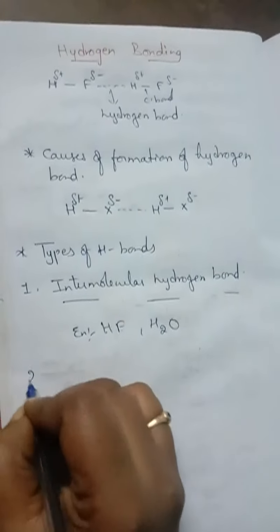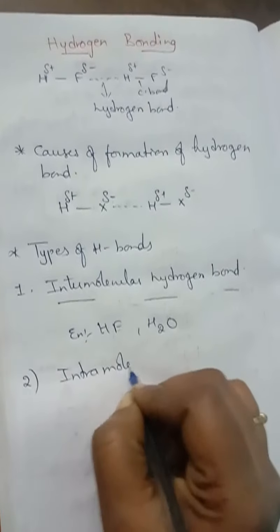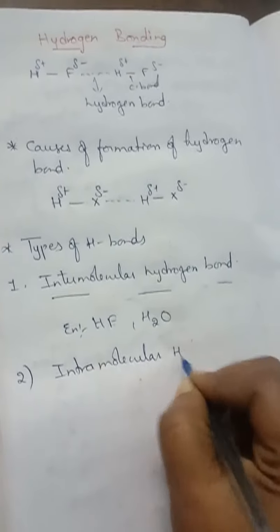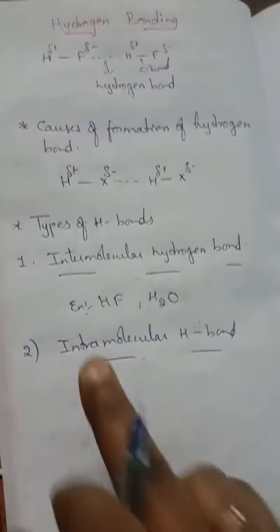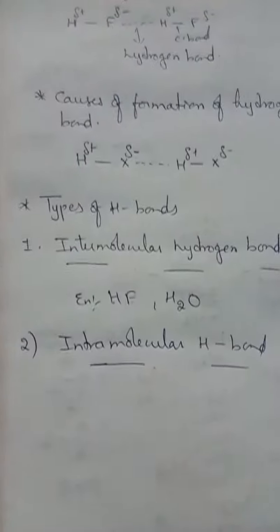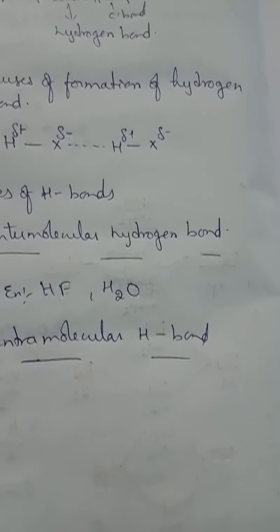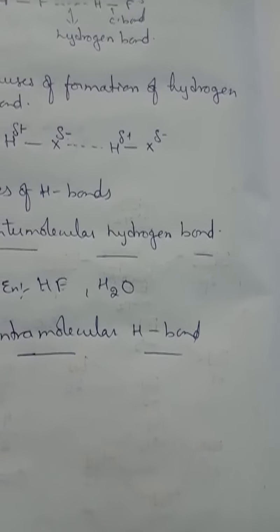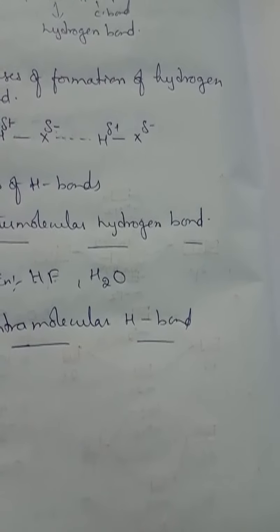And next one is intramolecular hydrogen bond. Intra means within, inter means between. So the intramolecular hydrogen bond is formed when a hydrogen atom is in between two highly electronegative atoms present within the same molecule.